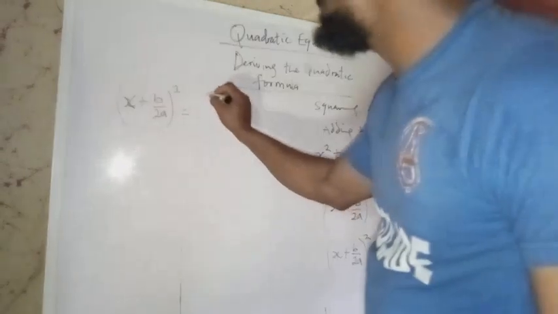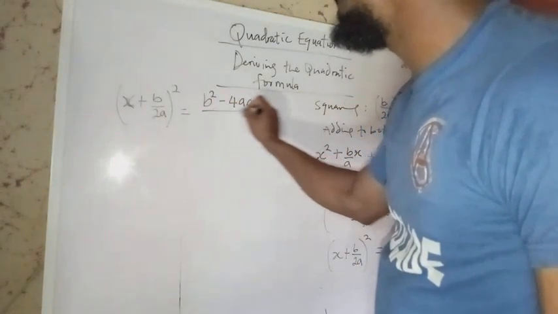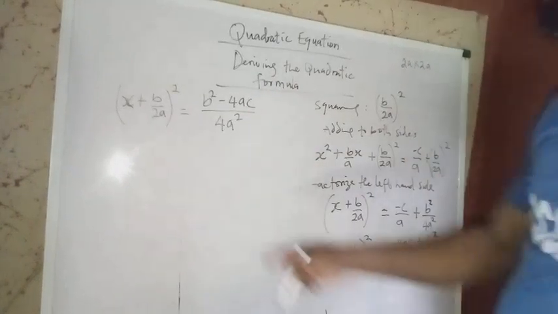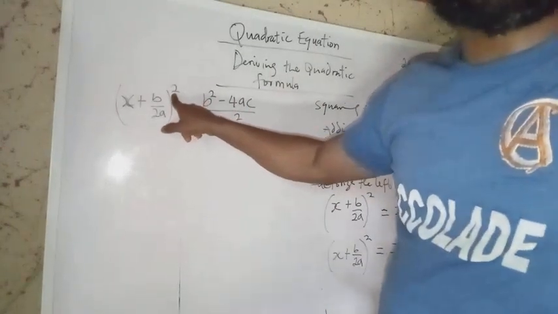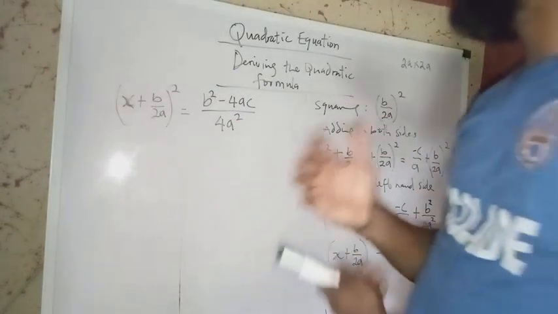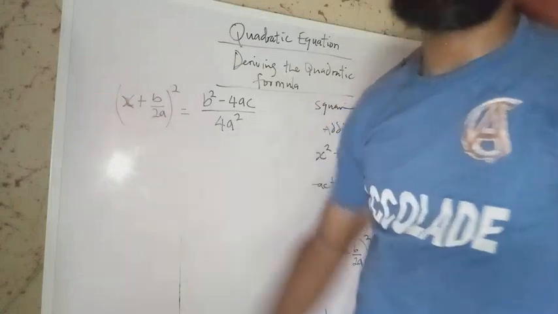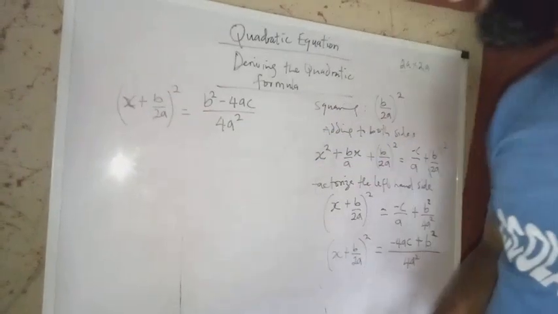So this is going to become b squared minus 4ac all over 4a squared. Okay guys, we don't need this square sign here. And mind you, what we are trying to do in this equation is to make x the subject of the formula. All right, so let's proceed with that now.